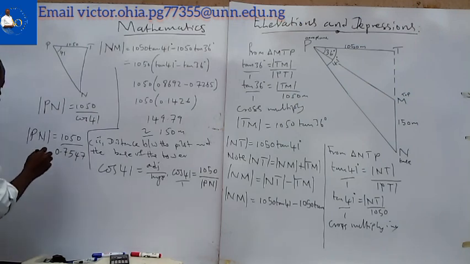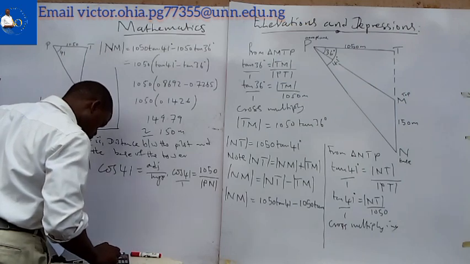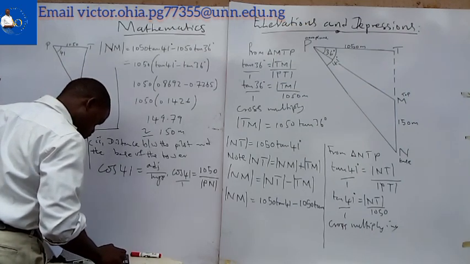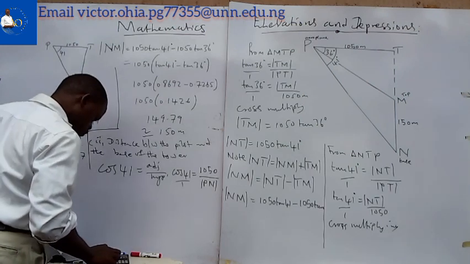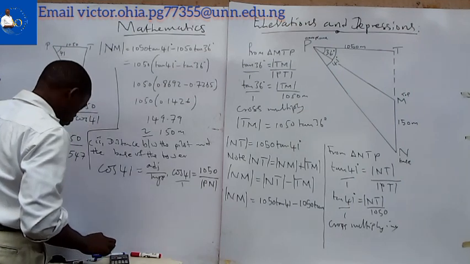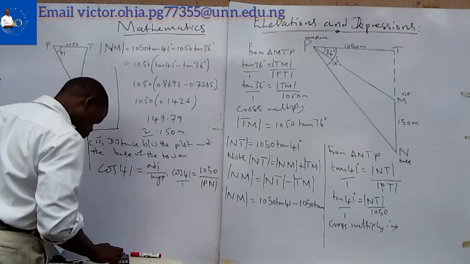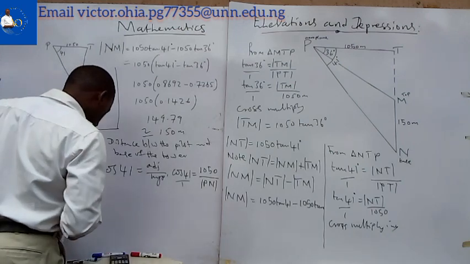Okay, so I will now divide 1050 by 0.7547, that's 1391.